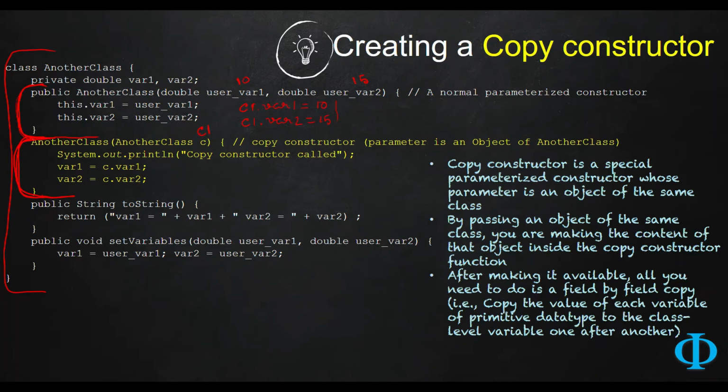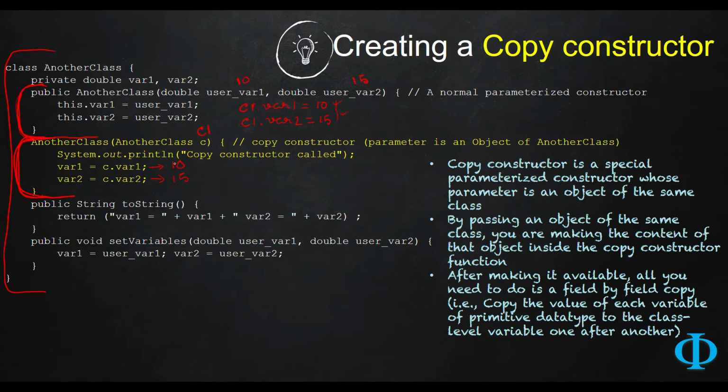And now whenever you are passing C1 over here, what will happen? All the variables, all the different fields of C1 are now available in here. So this C.var1, where the content of C is actually C1, will have the value 10 and var2 has 15, because C1's var1 is set to 10 and C1's var2 is set to 15.